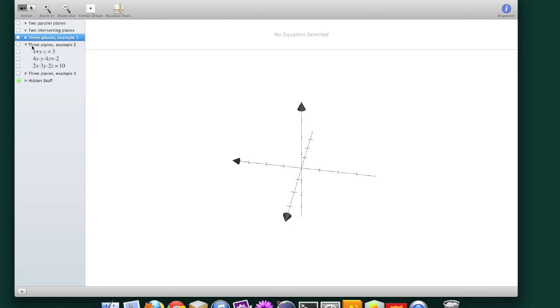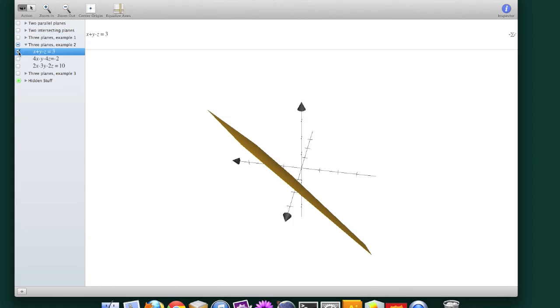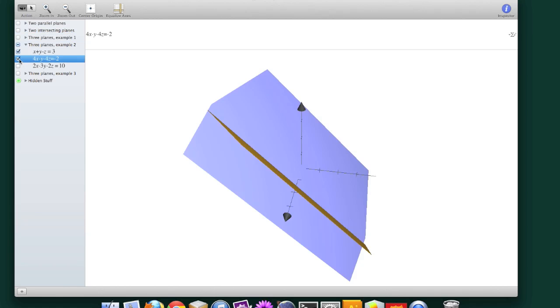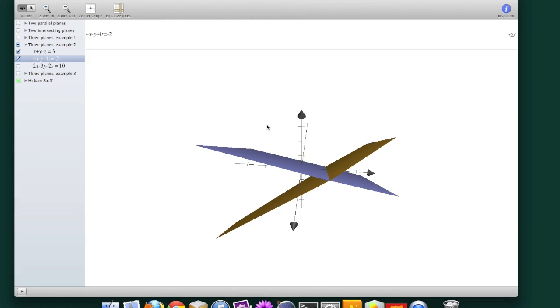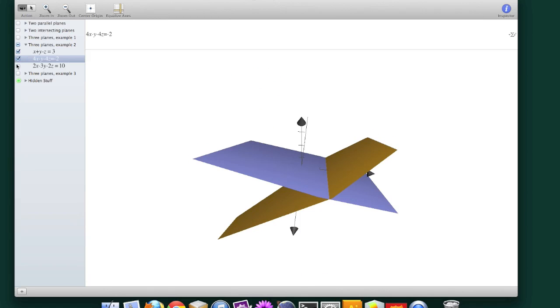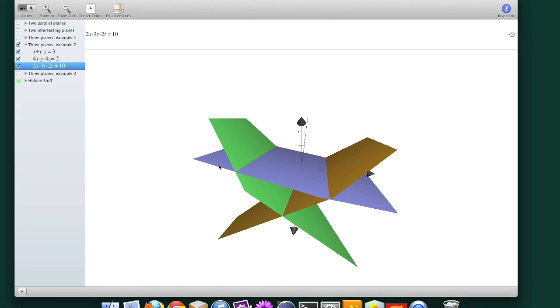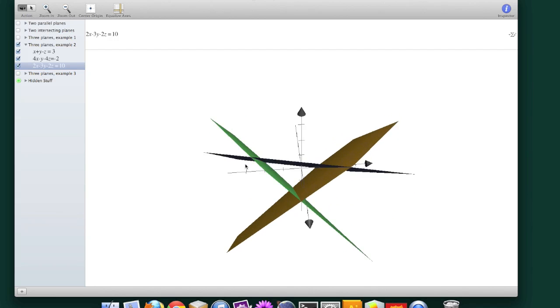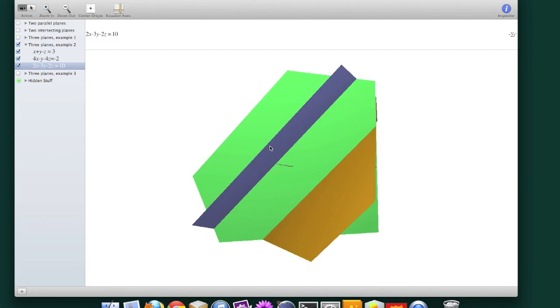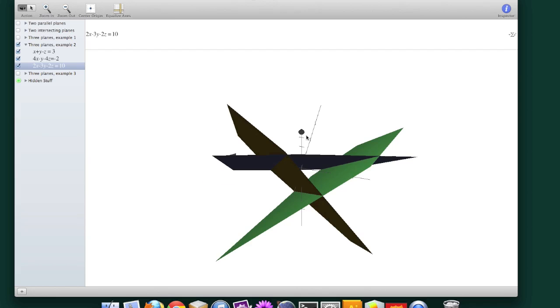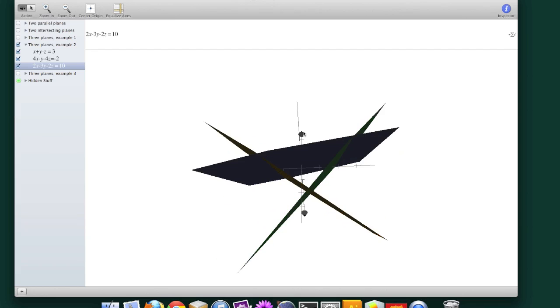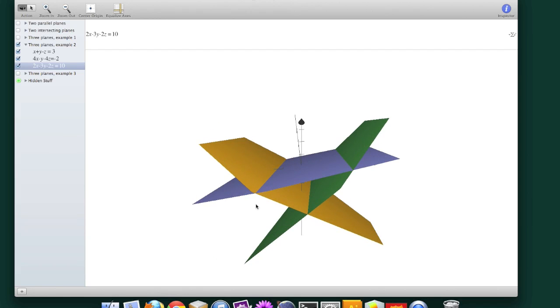So I might have, well, here's one plane. There's another one. Those two intersect. And then I have this green plane that intersects both of the other two, but there is no mutual intersection with all three planes.